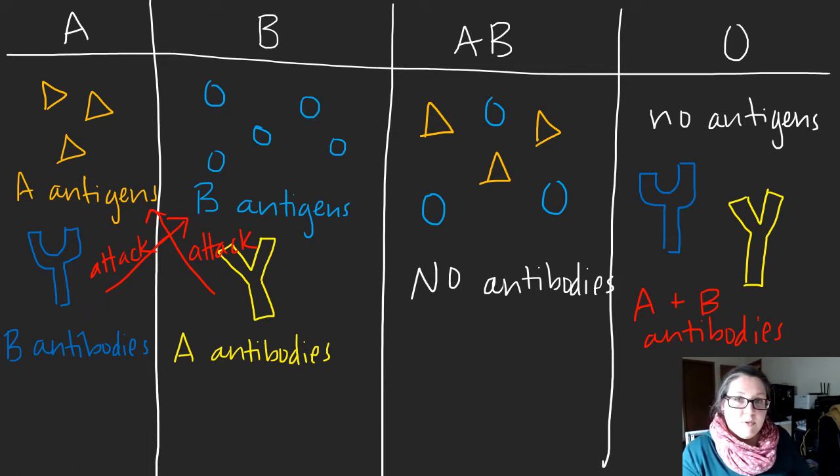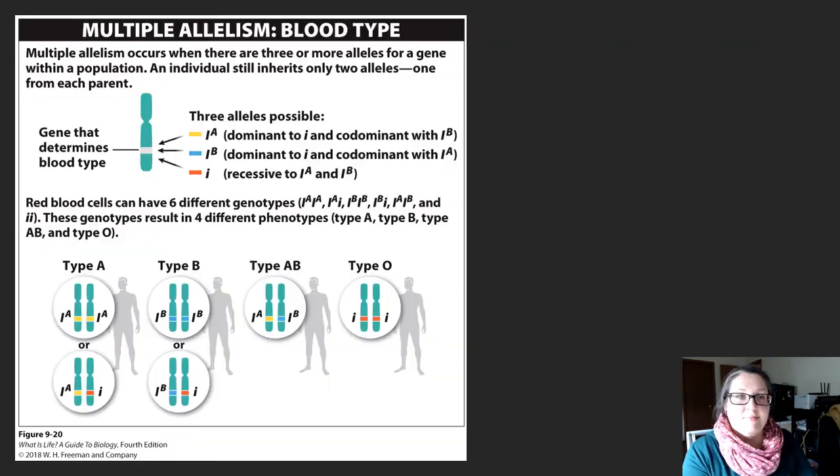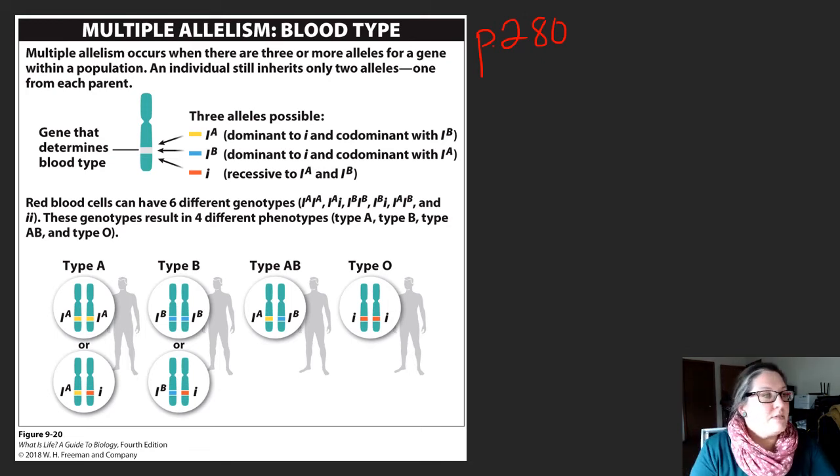So let's take a couple of looks at some images from the text. Here is an image of multiple allelism, figure 9.20 on page 280. It talks about how we have three different alleles that make four different blood types because of their combinations. So we have codominant here with IA and IB, and then of course we have our one recessive allele.